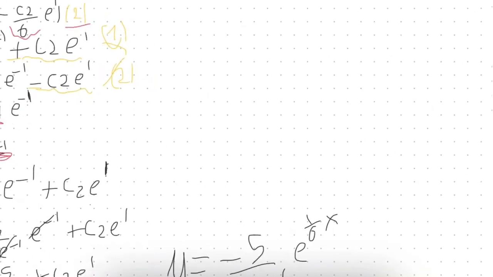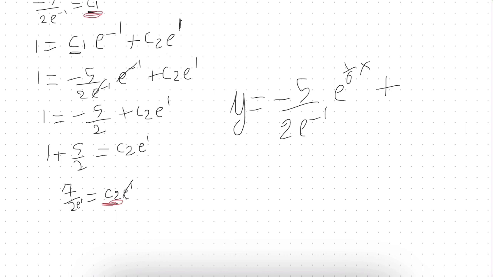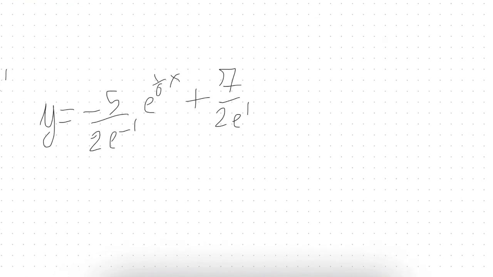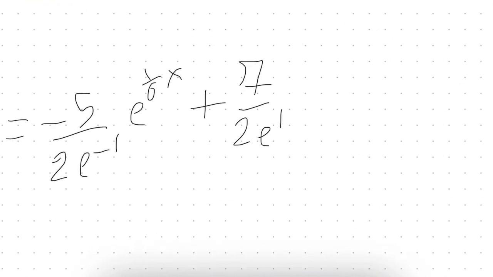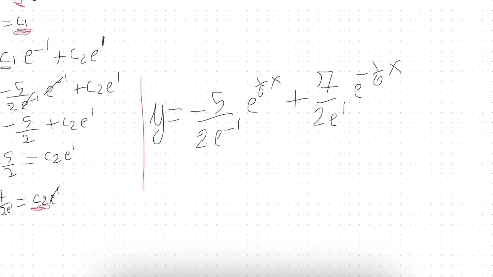We'll check that, yes. And our C2, 7 over 2e1, times e to the minus 1 over 6x. And we just solved the problem.